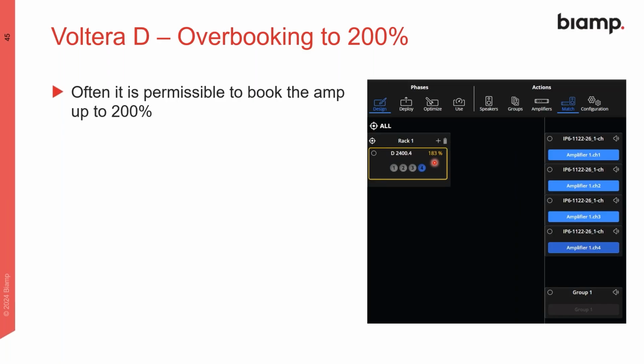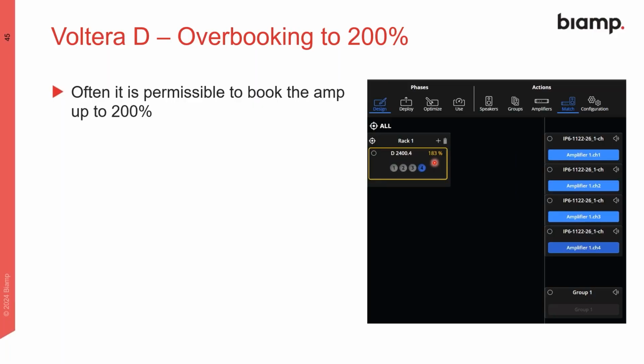So overbooking an amplifier, in my view, when you're doing a lot of pre-recorded playback for your sports systems, your BGM systems, maybe your all hands spaces, is not a big deal.